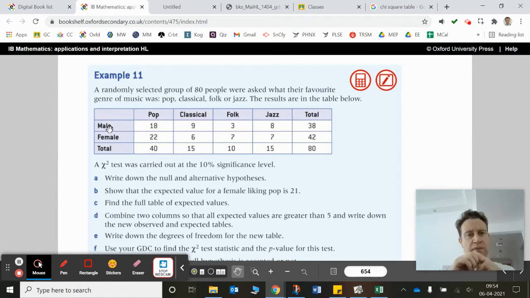The alternative hypothesis is that your choice of music depends on your gender. I suppose you could say it the other way around, that your gender depends on the music which you chose.